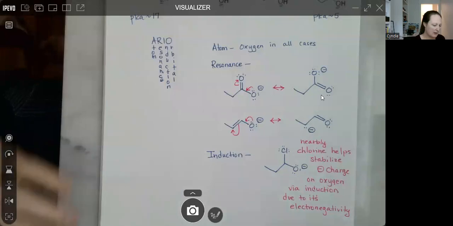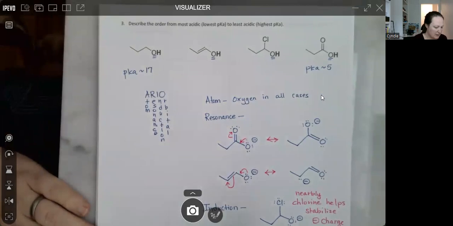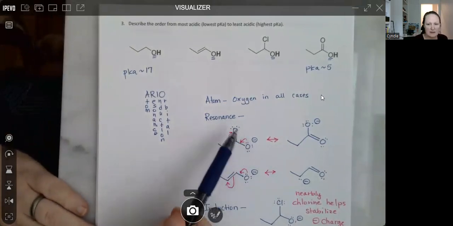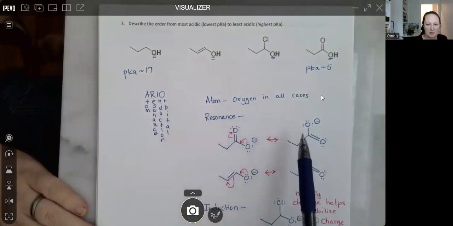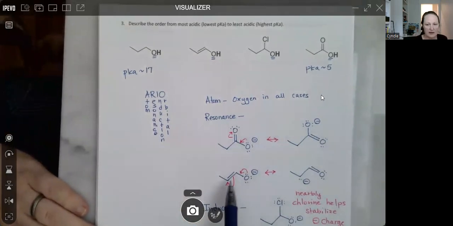When we're looking at the most acidic, do we think it's more stable to have a negative charge on two oxygens? So the hybrid is the true structure, and both of these oxygens share the negative charge. Or an oxygen and a carbon. So definitely the negative charge will be more stable on two electronegative oxygen atoms. So this should definitely be predicted to be the most acidic or have the lowest pKa.